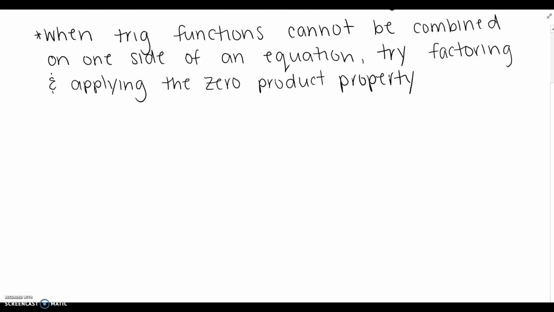So let's do a couple examples and then some you-tries.